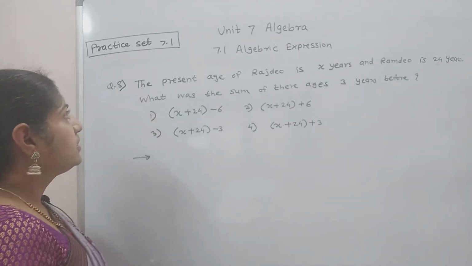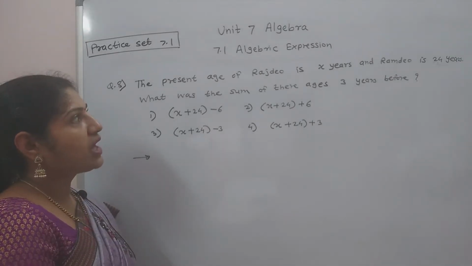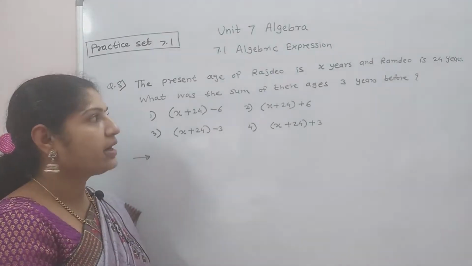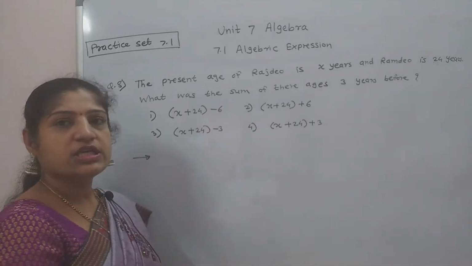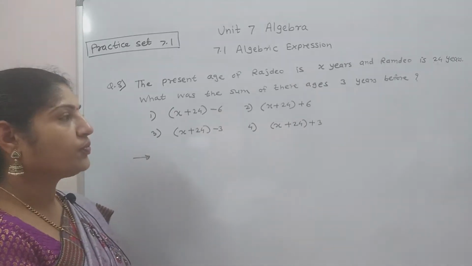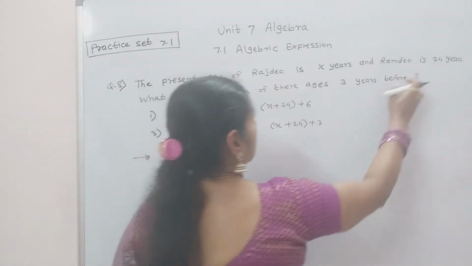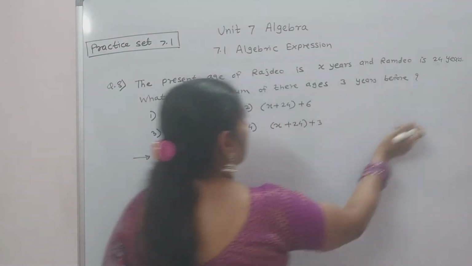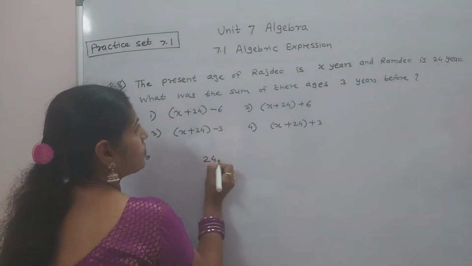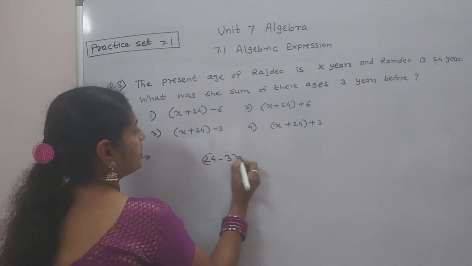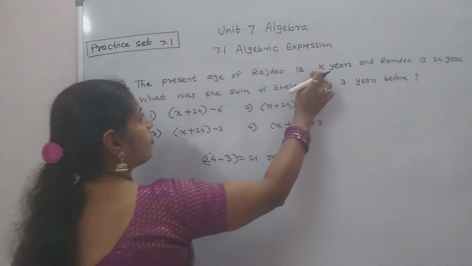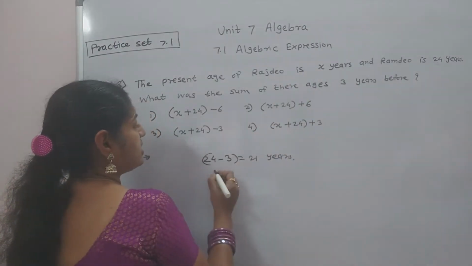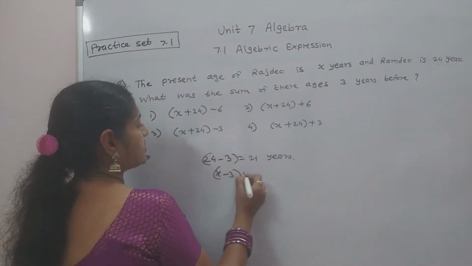Next: the present age of Rajdev is x years and Ramdev is 24 years. What was the sum of their ages 3 years before? 3 years before, Ramdev's age is 24 minus 3, that is 21 years, and Rajdev's age is x minus 3 years.